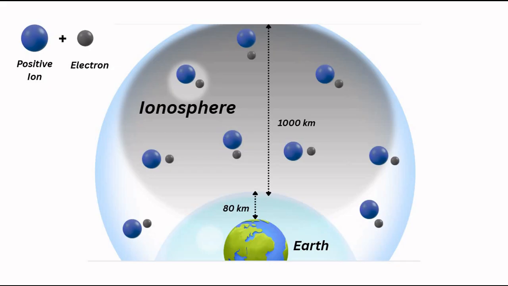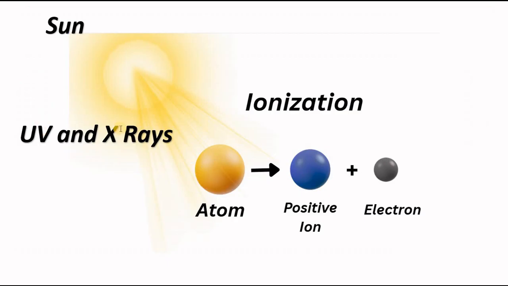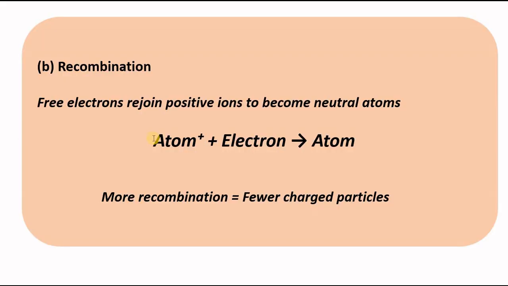Now there are two things that are happening here. First is the ionization, which is sun rays striking the gaseous atoms, ionizing them, creating positive ions, knocking out a free electron. Then another process is also happening, which is the reverse. That is, the positive ions recombine with the free electrons to come back to their original state.